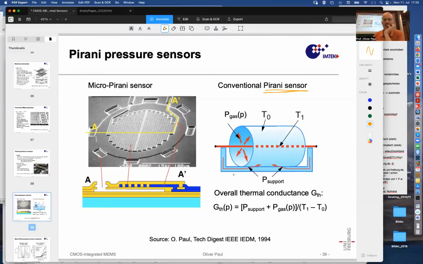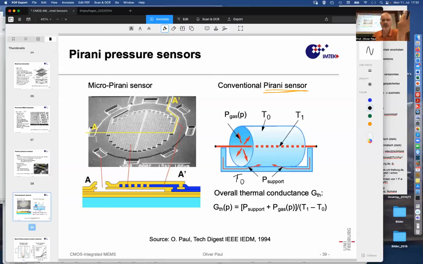So there is T0 also down here, and then if a current is sent through that wire, of course it will heat up by resistive heating, ohmic heating.